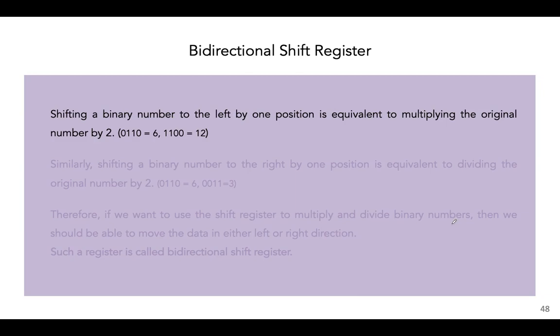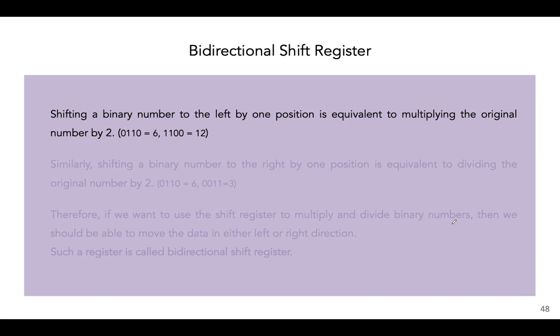Now see, shifting a binary number to the left by one position is the same as multiplying the original number by 2. And this again, I think, is something that you have already covered in your syllabus so far, right? So when we say that we want to shift a binary number to the left, it's the same as multiplying that number, which is why in electronic circuits and in computers, multiplication and division is performed using shifting.